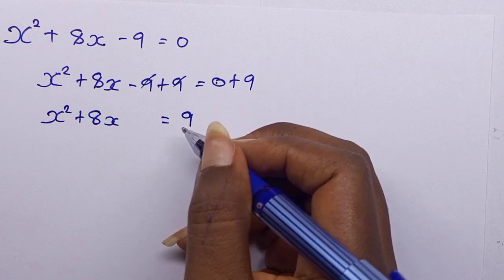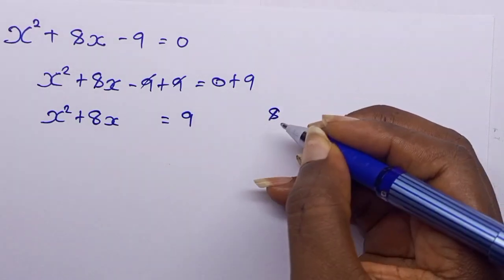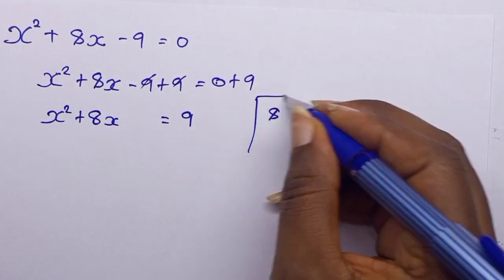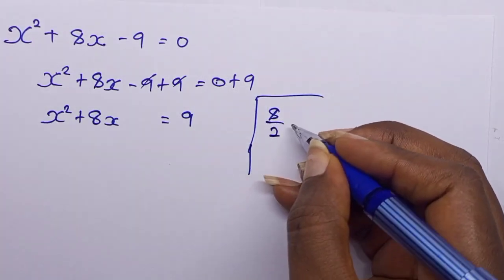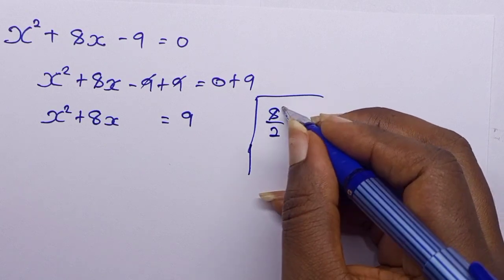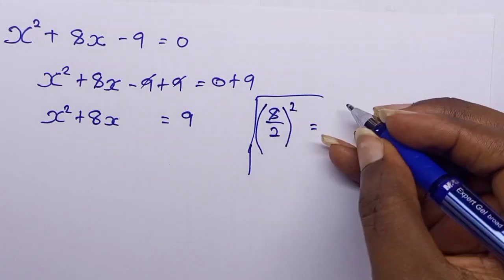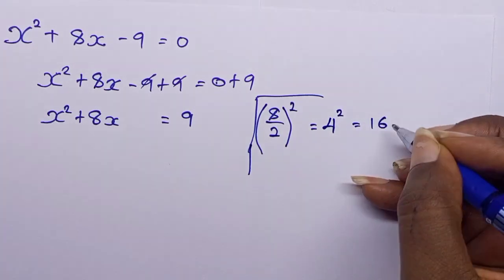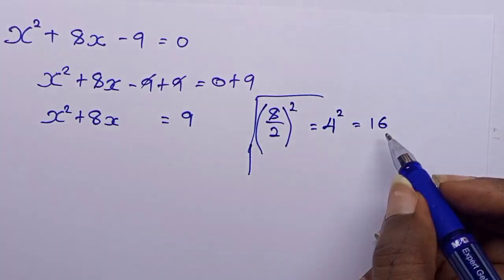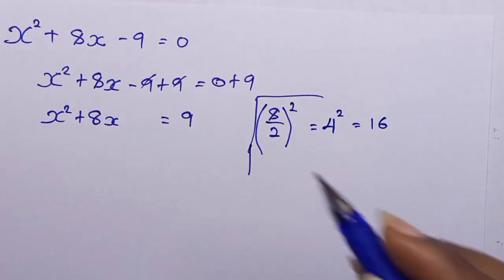Now the next step is to get the coefficient of x, which is 8, and then divide it by 2. So 8 divided by 2, and then after that you square the result. 8 divided by 2 is 4. 4 squared is equal to 16. So you add this value on both sides of the equation.